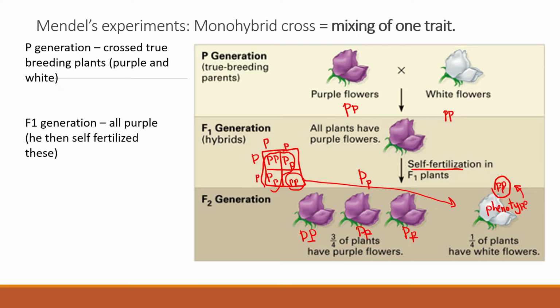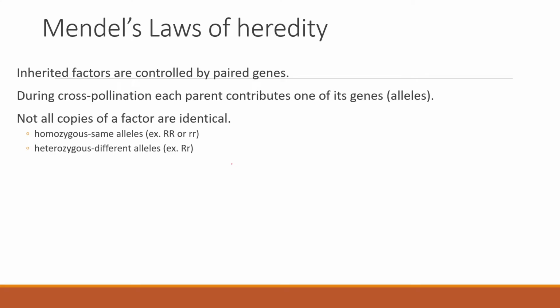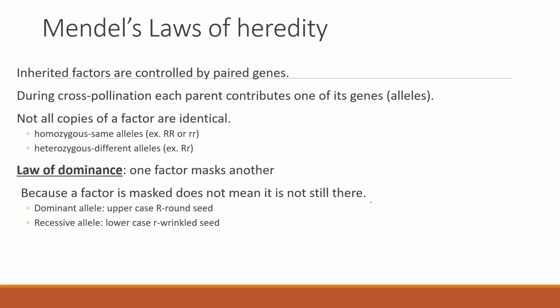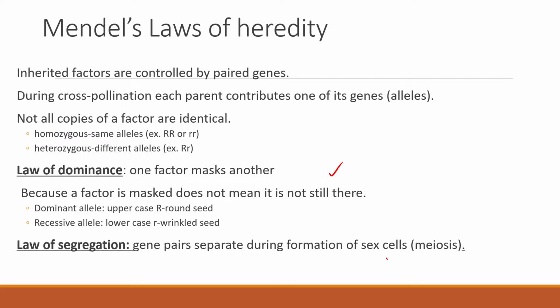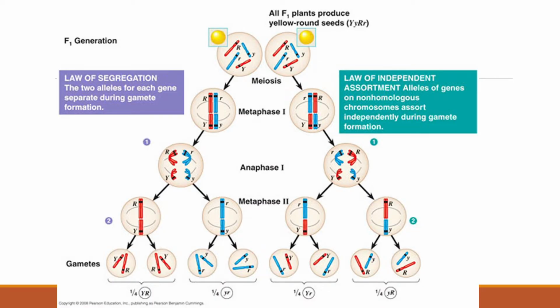So we've covered through that a lot of terminology. Allele on homologous chromosomes. We've talked about the law of dominance. We talked about the law of segregation and meiosis, and independent assortment in meiosis. We spent quite a bit of time on those already. So just read through those notes one more time.